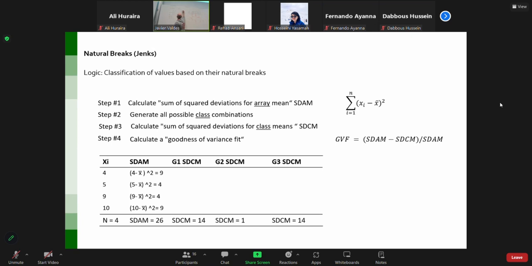Now I can call it xa and xb. This is going to be 4, and for b it is going to be the sum of x divided by nb, which is equal to 5 plus 9 plus 10 divided by 3, which is equal to 8.